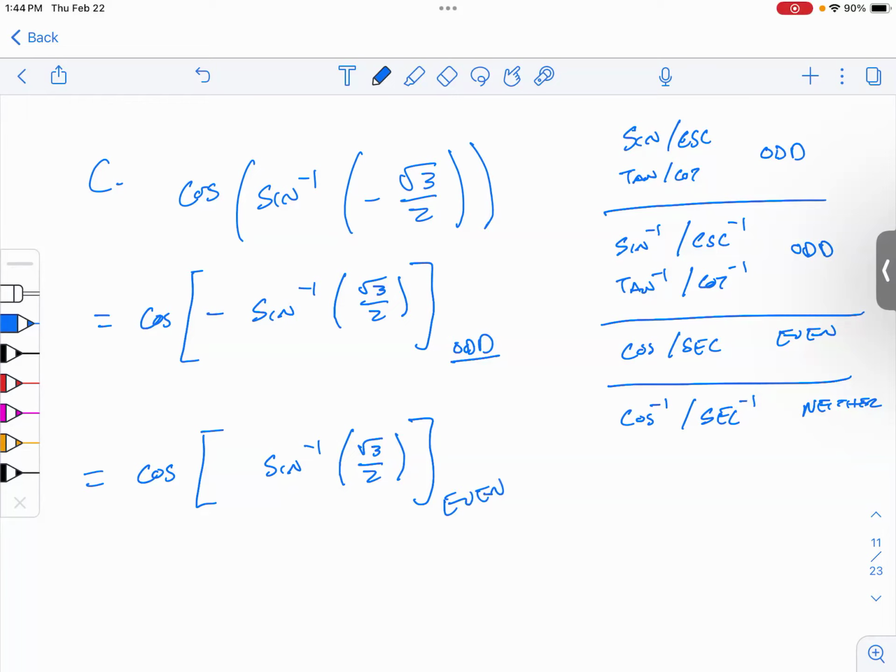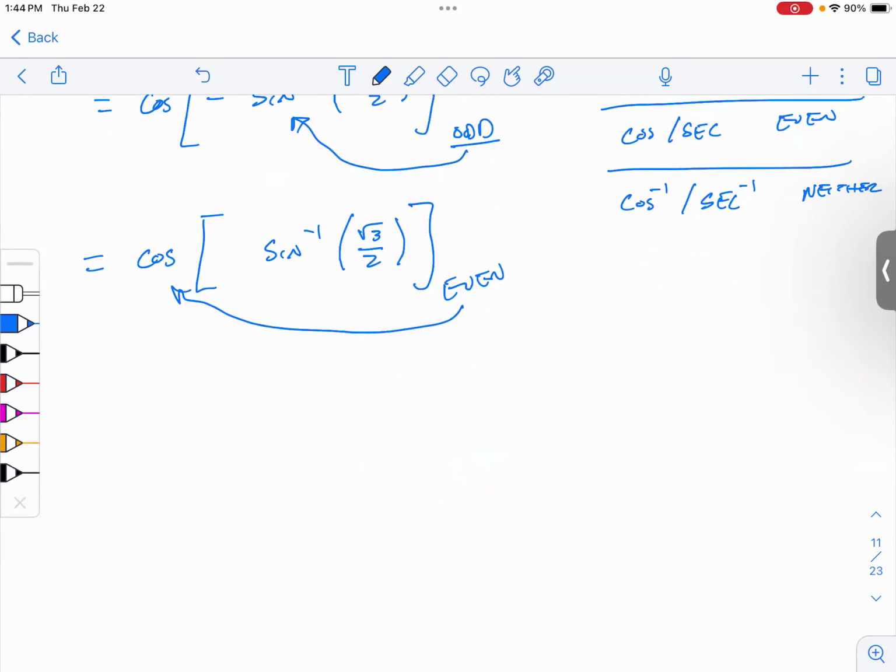So cosine is even, and sine inverse was odd. That's how we're able to manipulate those negatives. So notice I had a negative, it then came out front and then just basically went away. If you deal with those even and odd properties, and I can't emphasize enough, knowing what's even and odd is so helpful because all those positives and negatives really interfere.